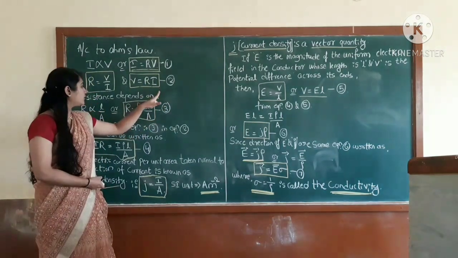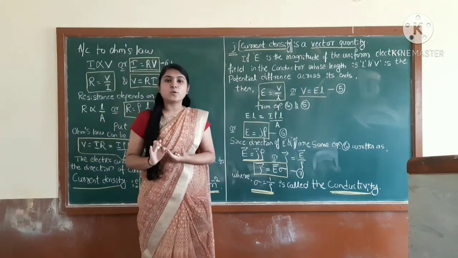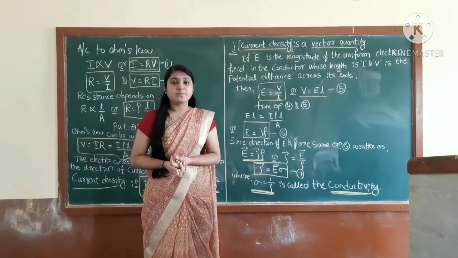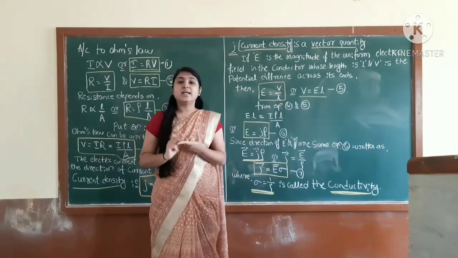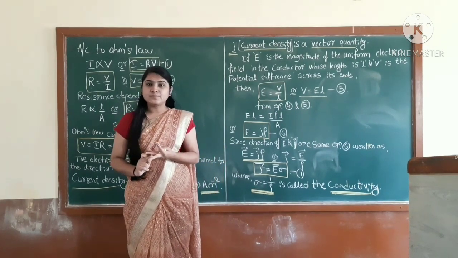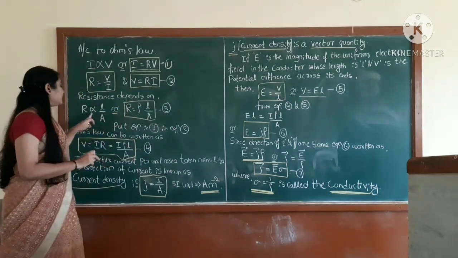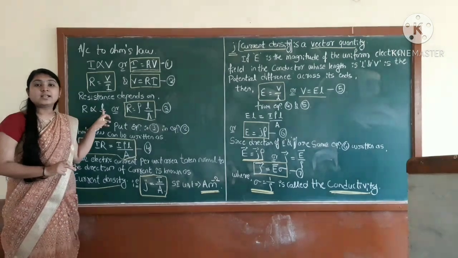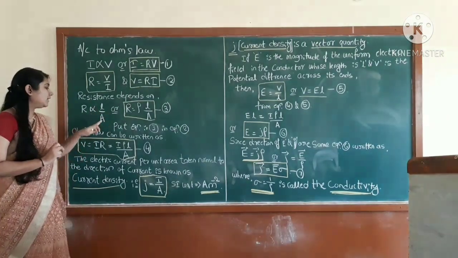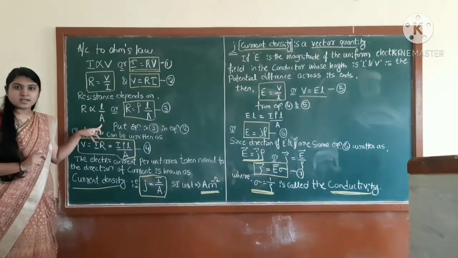So students, after this we discussed that the resistance depends mainly upon two factors. What are they? The length of the conductor and the cross-sectional area of the conductor, correct? So the resistance is directly proportional to the length of the conductor and inversely proportional to the area of the conductor, correct?